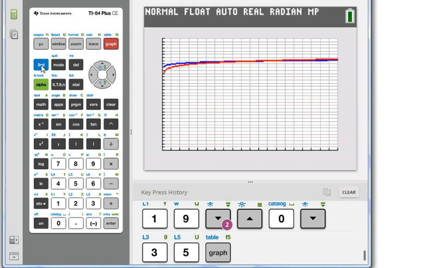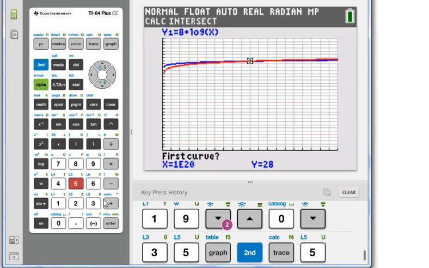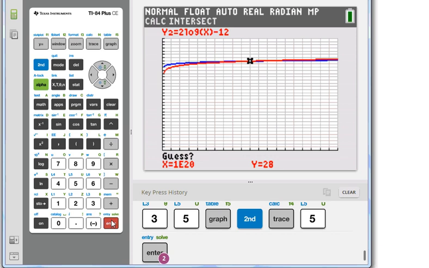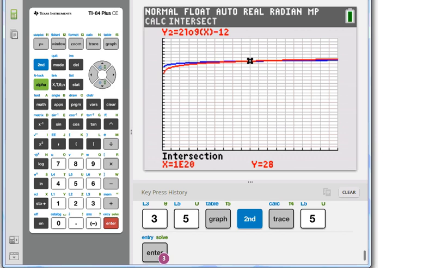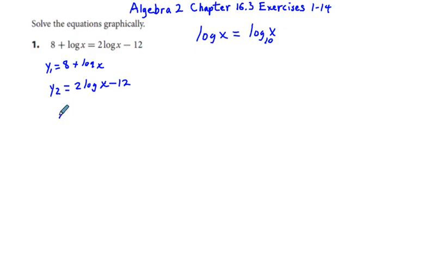To find what that value is, we press second, trace, 5, enter, enter, enter. And so we get x equals 1e20. Let's examine what that means. x is equal to 1e20, which means x is equal to 1 times 10 to the 20th power, or x equals 10 to the power of 20.